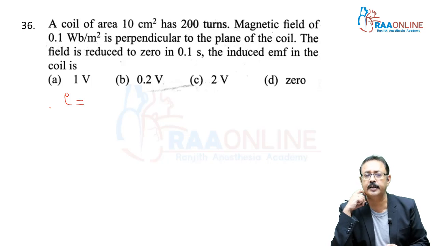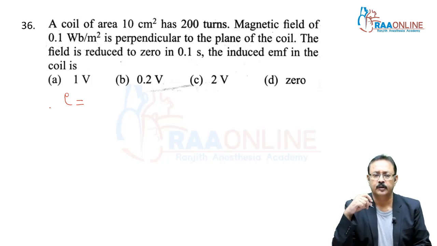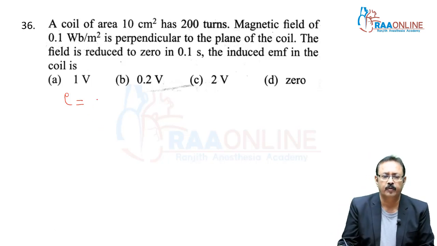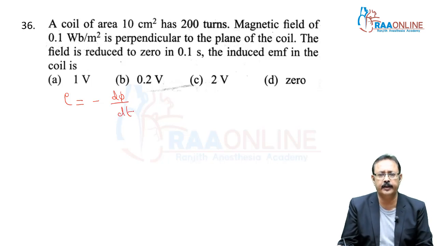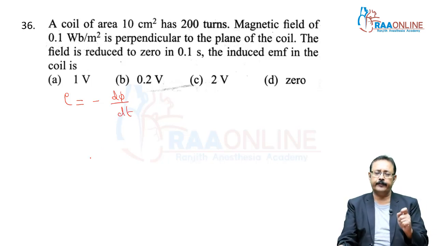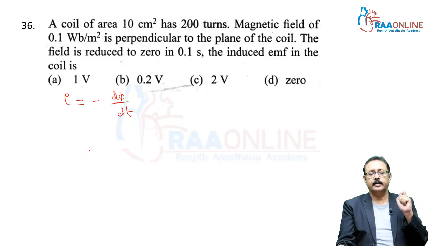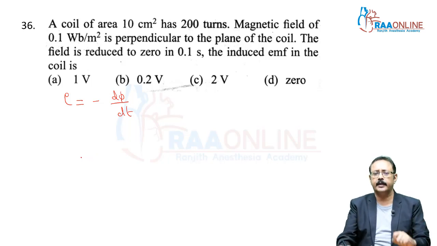The magnetic field is changing. So E is equal to minus d phi by dt. Actual formula is minus d phi by dt. Or you can do one thing, start with the sign. If the sign is not given in the options, they want magnitude. Finally you can take that.